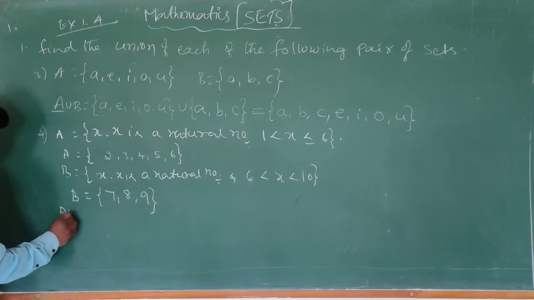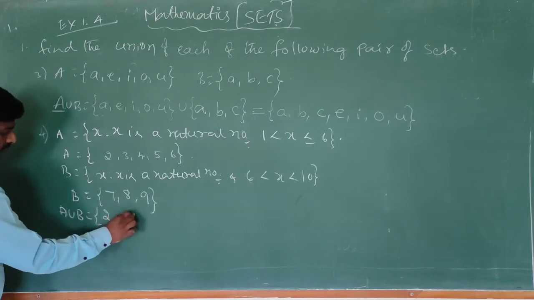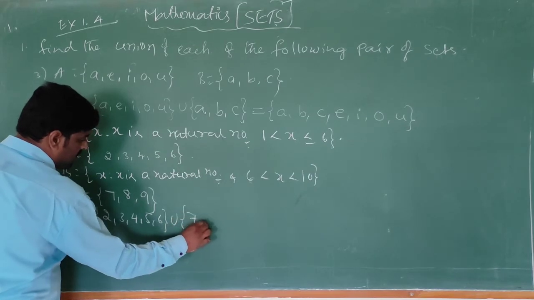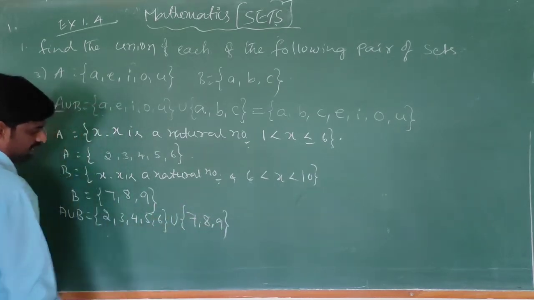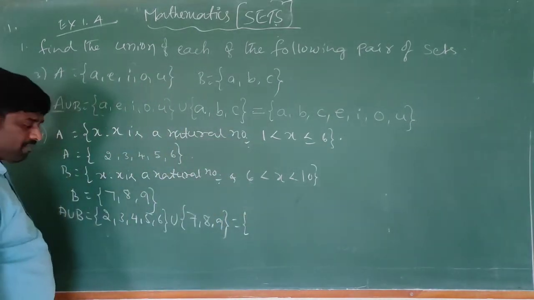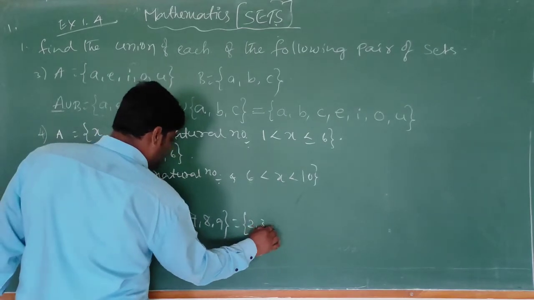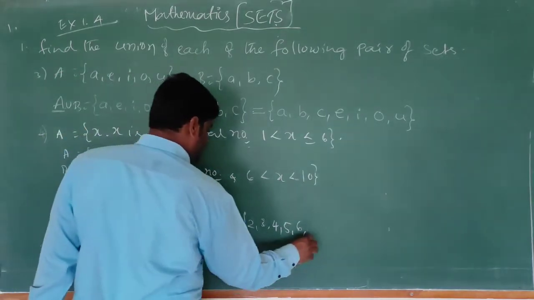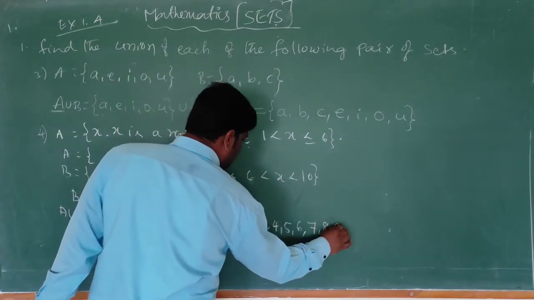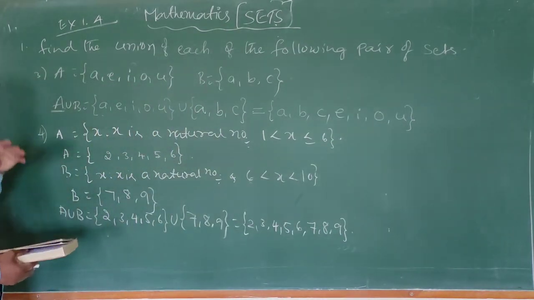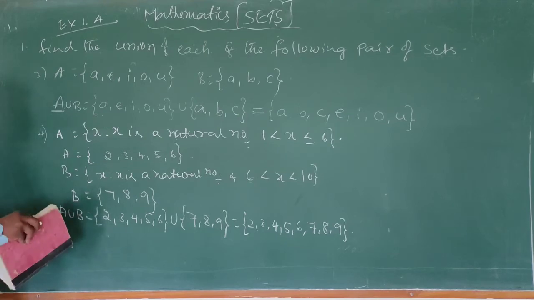Now I want to find A union B. A is {2, 3, 4, 5, 6} union {7, 8, 9}, which is equal to, writing together, 2, 3, 4, 5, 6, 7, 8, 9.